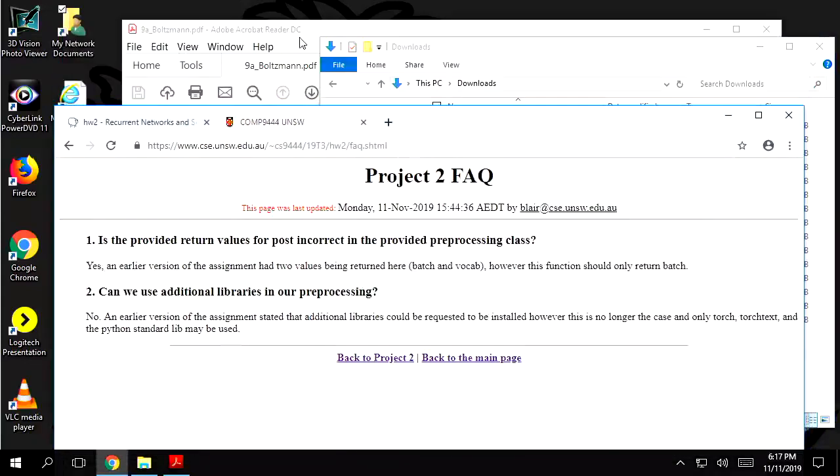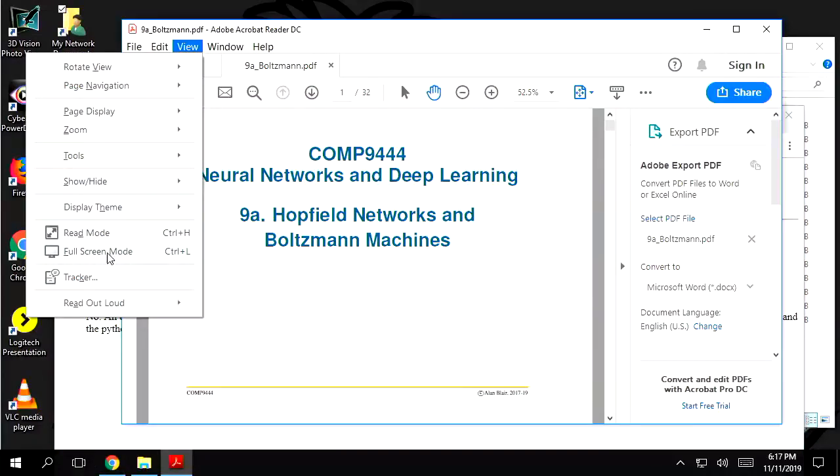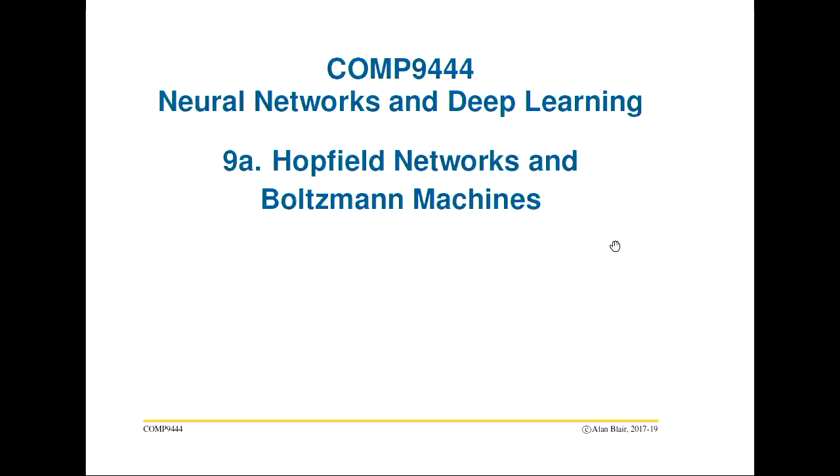Good. So we talked about supervised learning, and then we talked about reinforcement learning. Now we finally get to unsupervised learning. So this week is going to be devoted to unsupervised learning. We'll talk about Hopfield networks and Boltzmann machines, and if we have time, autoencoders.